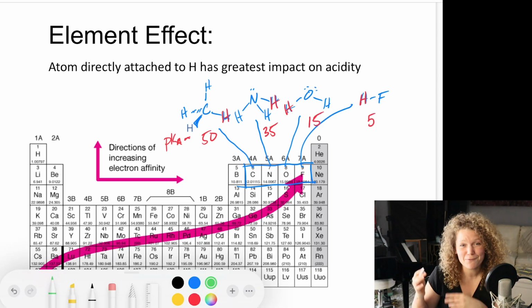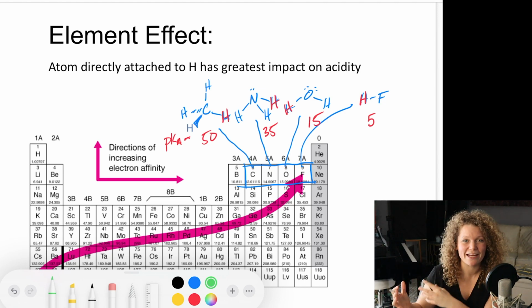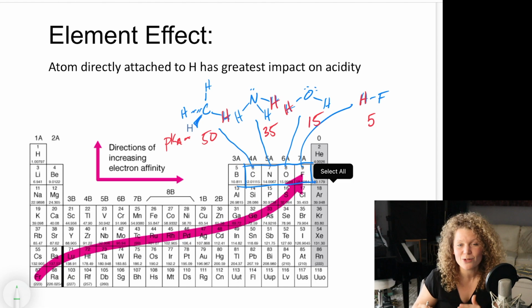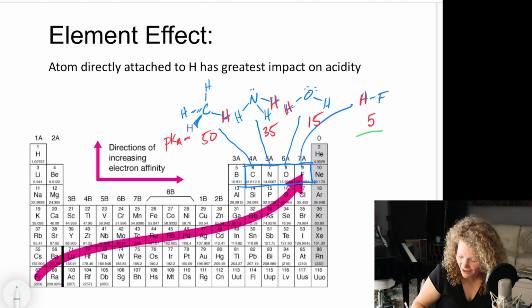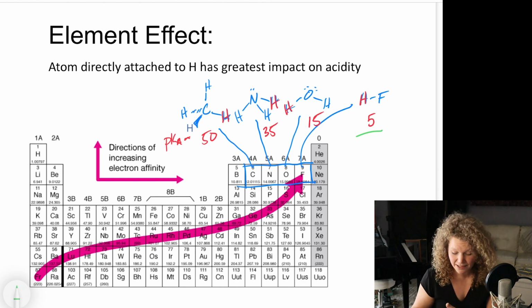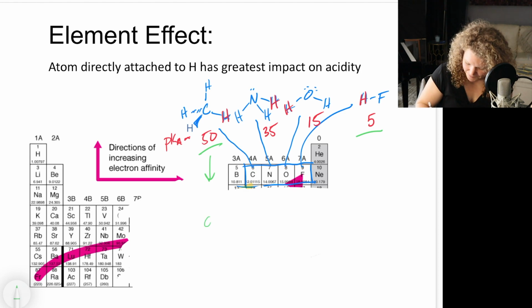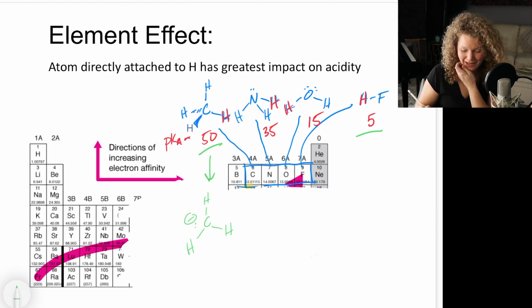Now, we know that fluorine is a lot more electronegative than carbon. Fluorine is the most electronegative element. So, when we start to think about what happens if we lose this proton, it's going to become really clear why HF is so much more acidic than, say, methane. So, if I lose a proton from methane, I get this carbanion.